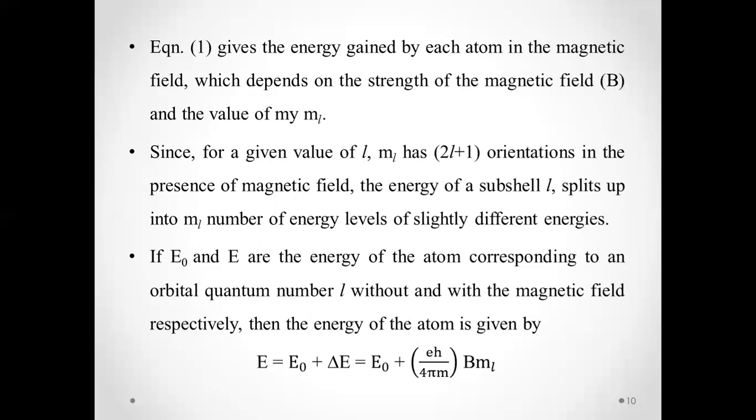If E naught and E are the energies of the atom corresponding to an orbital quantum number L without and with the magnetic field respectively, then the energy of the atom is given by E is equal to E naught plus delta E, which is further equal to E naught plus eh by 4 pi m into B into ML.